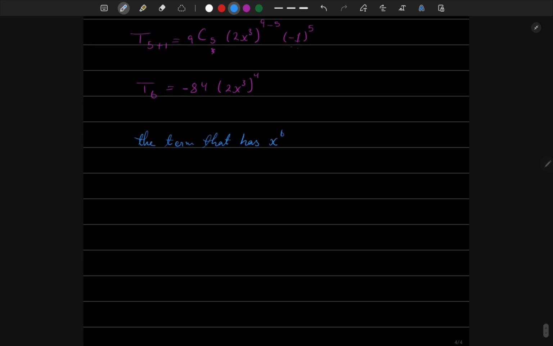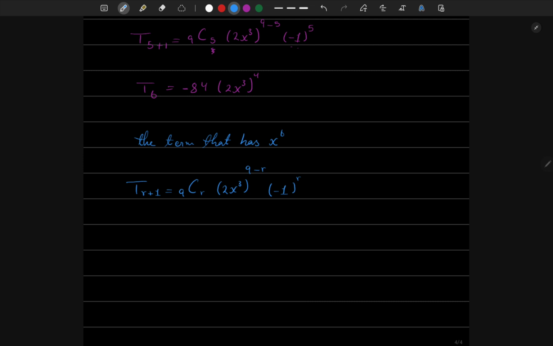I don't know the order of this term, so it's just going to be t r plus 1, and it's going to equal 9, which is n, c r, multiplied by 2x cubed to the power of 9 minus r, and negative 1 to the power of r.